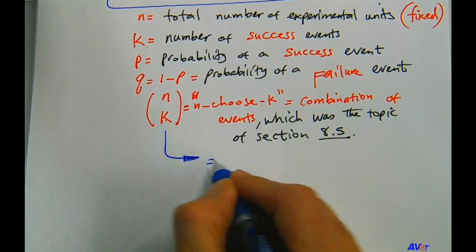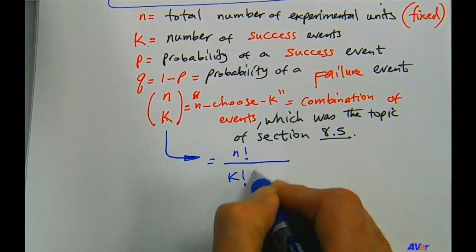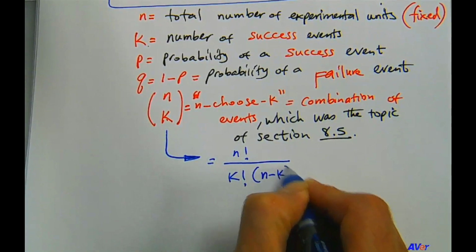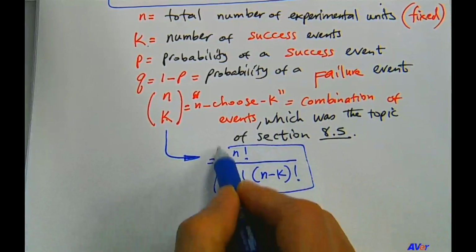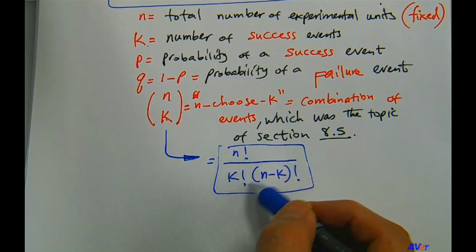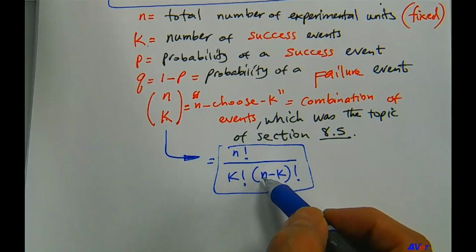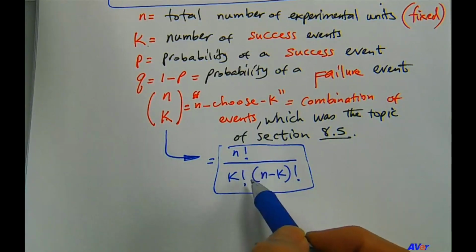But this is equal to n factorial divided by k factorial times n minus k factorial. That just calculates that. You should be able to use the calculator button to come up with that value. You shouldn't have to use the formula at all. But in case you're interested, or if you have questions on it, just let me know.